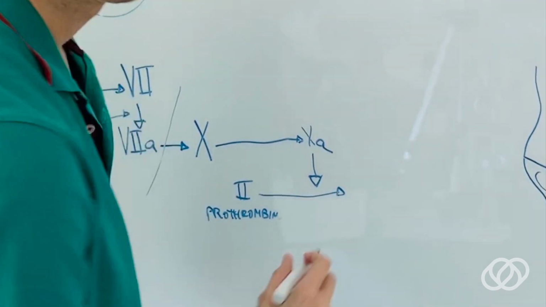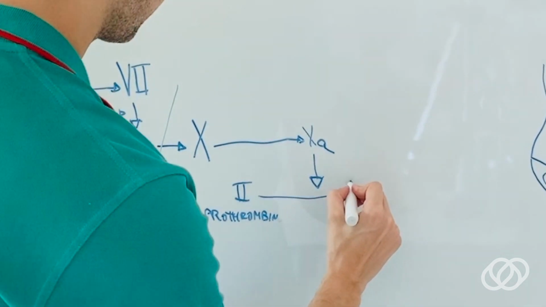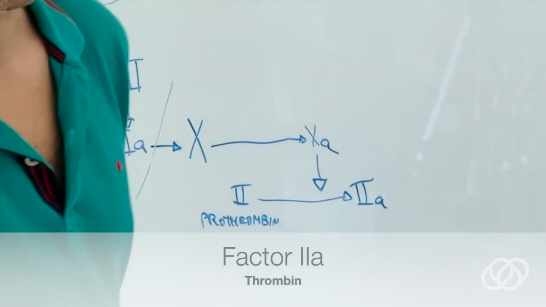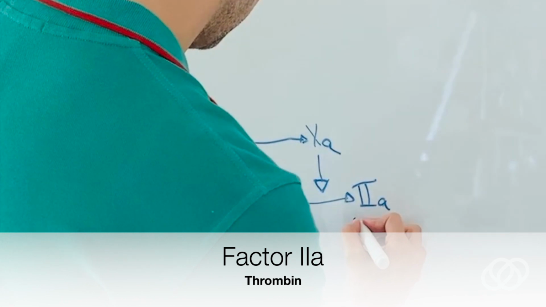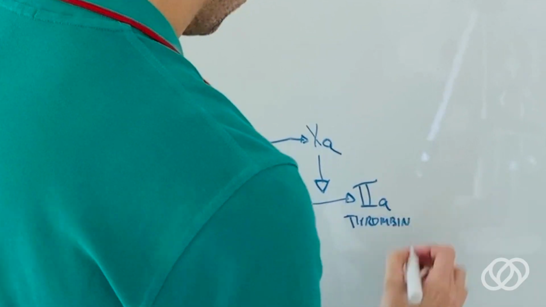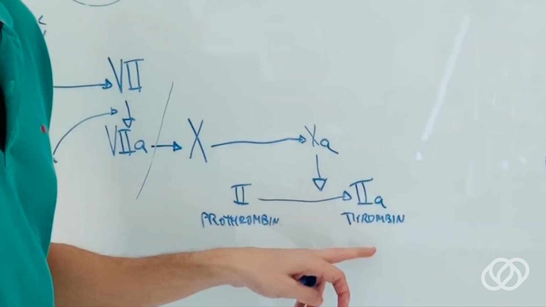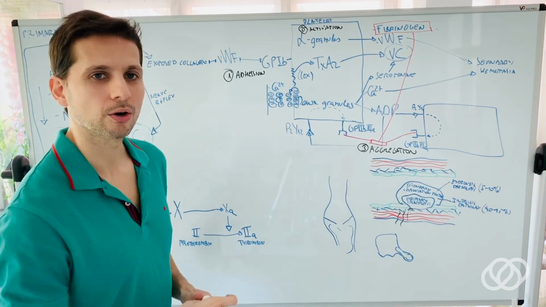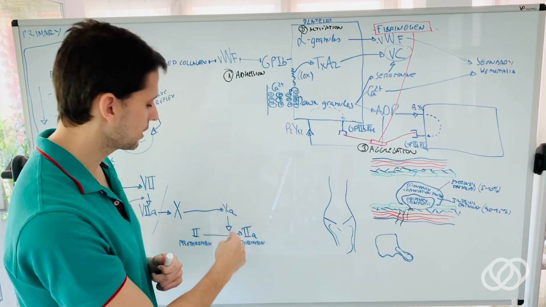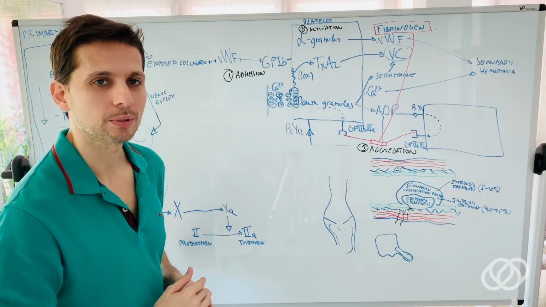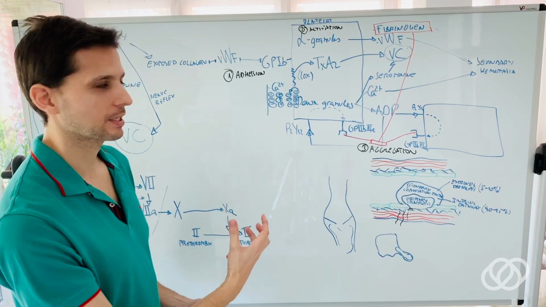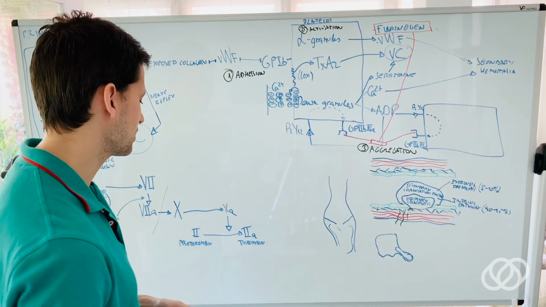It will turn into activated factor 2, which is called thrombin. This thrombin is very important because it's the core. As you will see, a lot of arrows are going into and out of thrombin, because thrombin is considered the core of the coagulation cascade of the secondary hemostasia.